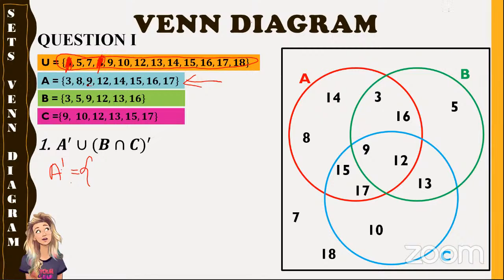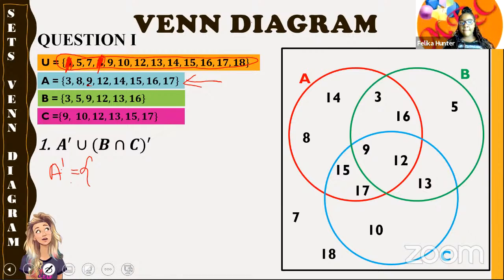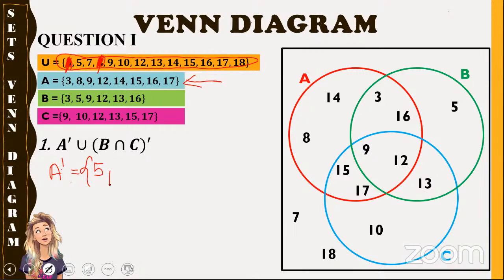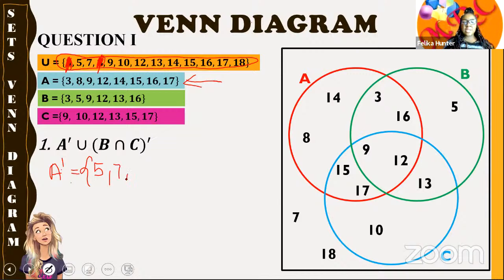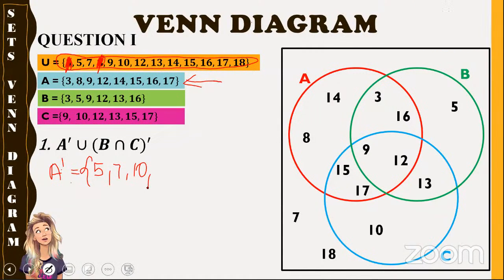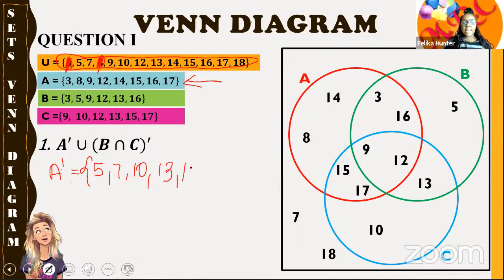Miss, would it be 5, 7, 10, 13, and 18? All right, so 5, 7, 10, 13, and 18? All right, thank you, Johnny. I'm going to double check just to make sure.